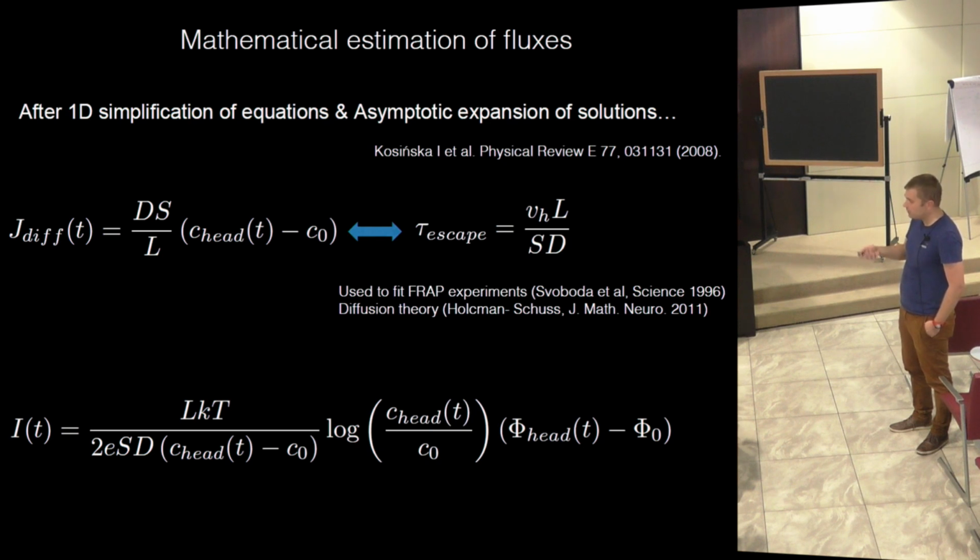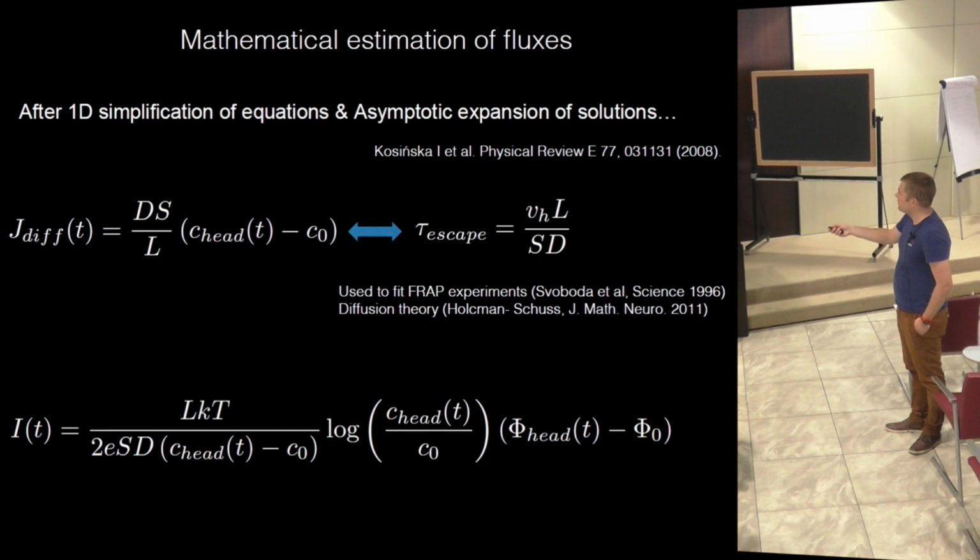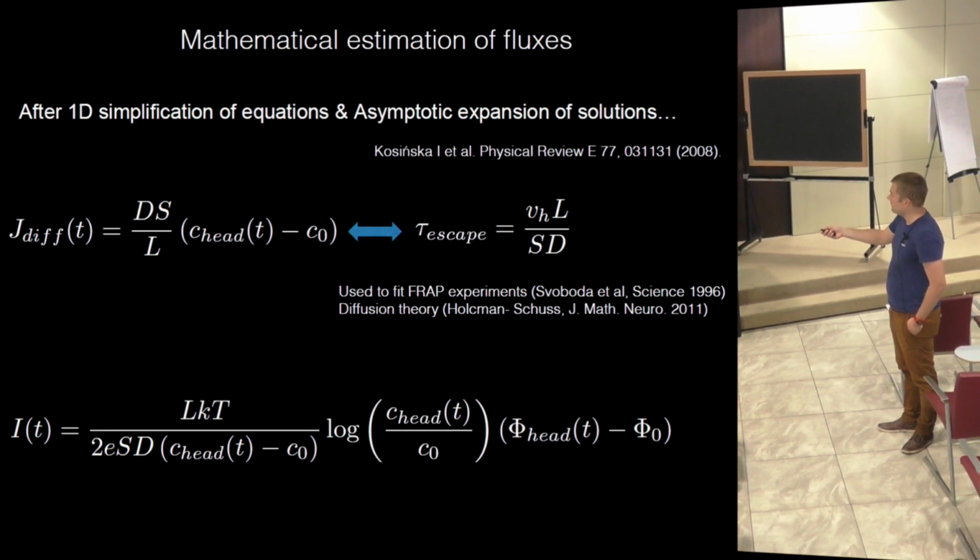I also have a formula for when this cross section is varying and not constant. This is the reference to this 1D simplification of the equation and expansion of the solution: diffusion, cross section, and length.